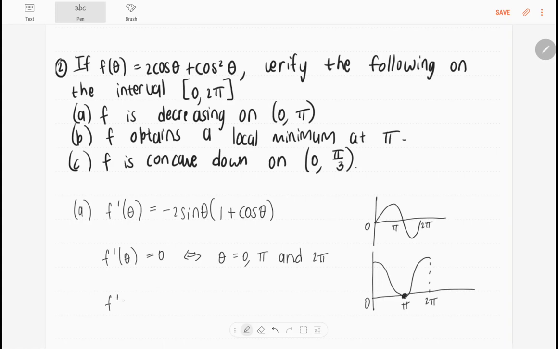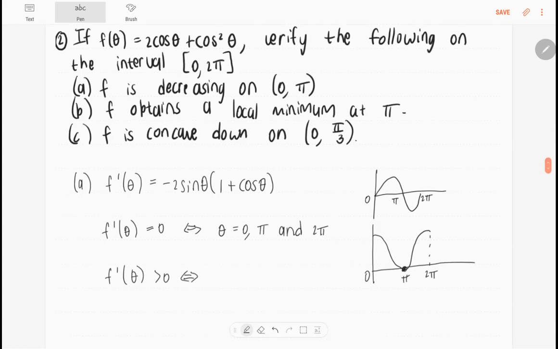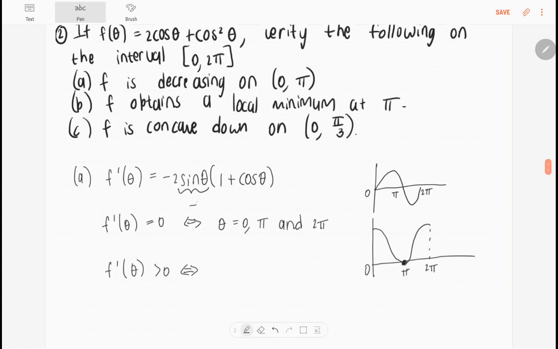Next, the derivative will be greater than 0 if and only if... So that's going to be when this gives us a negative value, because then we have a negative and a negative and a positive. So that's going to be when theta is between pi and 2 pi.